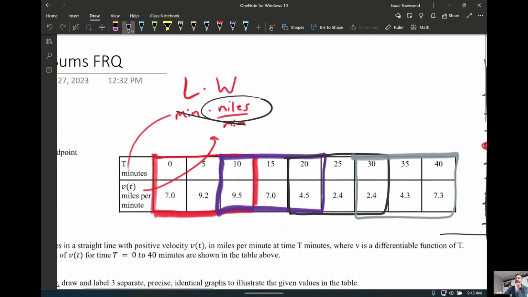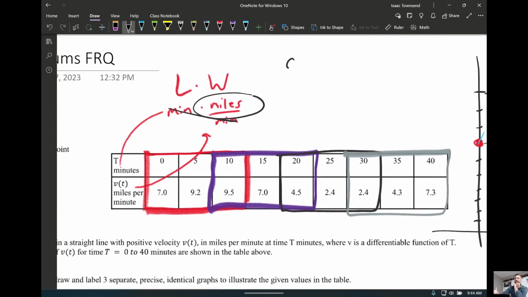So to answer this, you need to remember that acceleration is the same thing as the derivative of velocity. I have to make that connection because they only tell me about velocity here. And they didn't give me a function that I can take the derivative of. So what's another way to think of derivative? Slope. Okay.